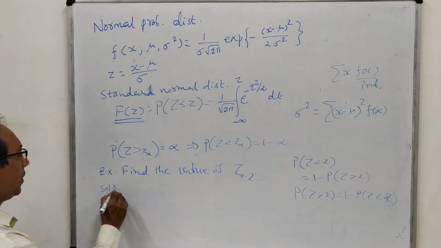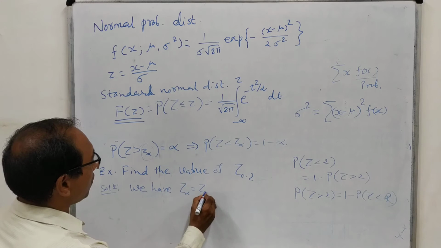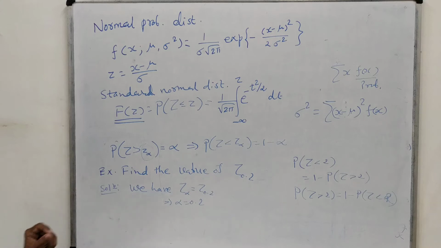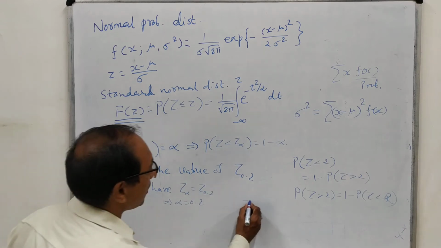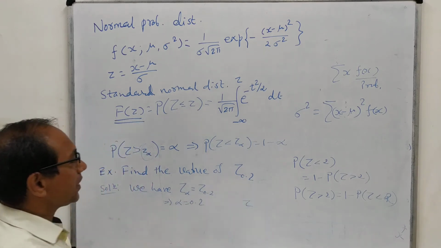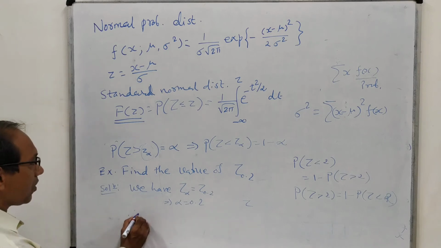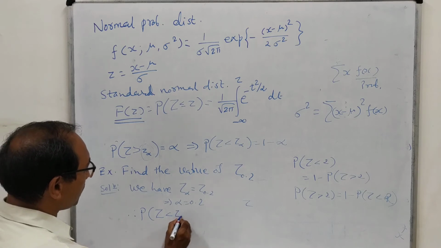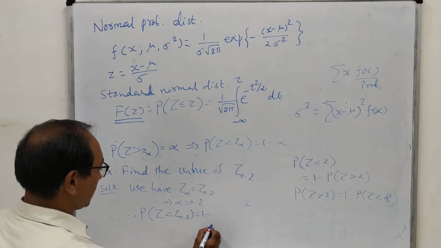Solution. We have Z alpha equal to Z 0.2. That means alpha equal to 0.2. And we want to find out the value of Z. Here you must note that we want to find out the value of Z when the probability is 0.2. So therefore we have the formula: probability of Z less than Z 0.2 is 1 minus alpha.